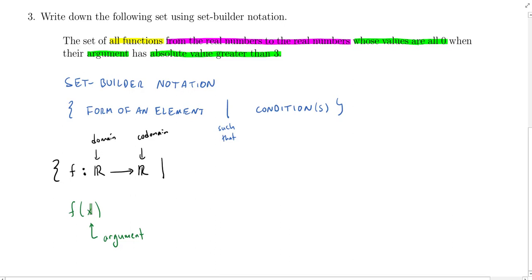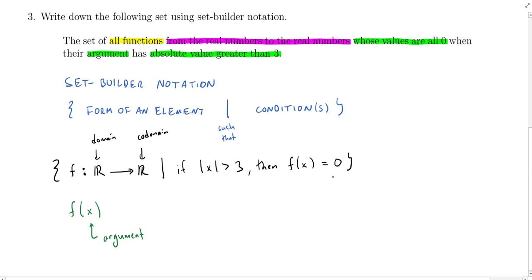So if the absolute value of x is greater than 3, then the value is 0. We can write: if the absolute value of x is greater than 3, then f of x equals 0.